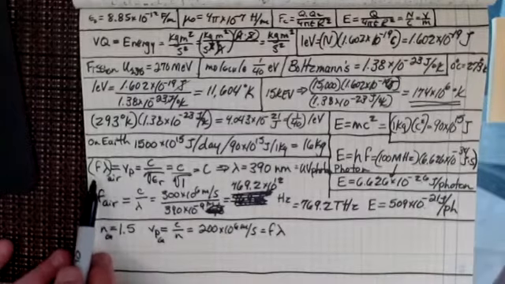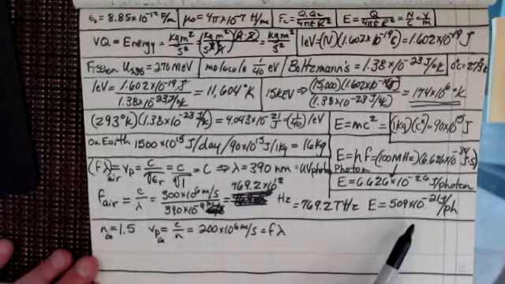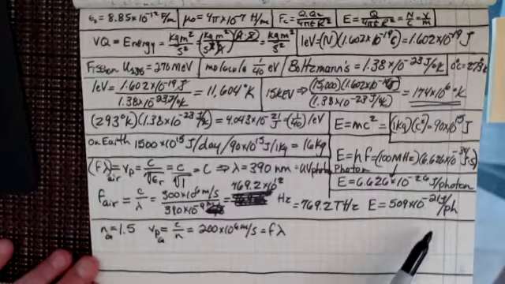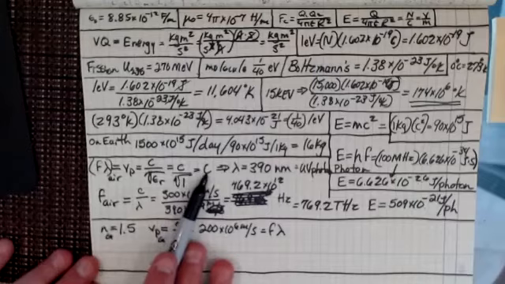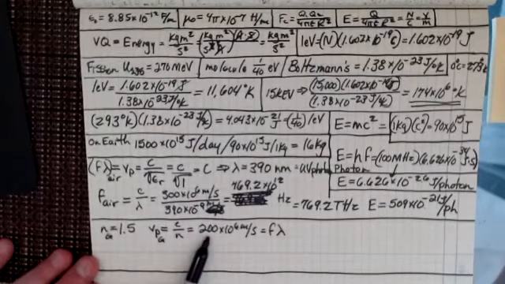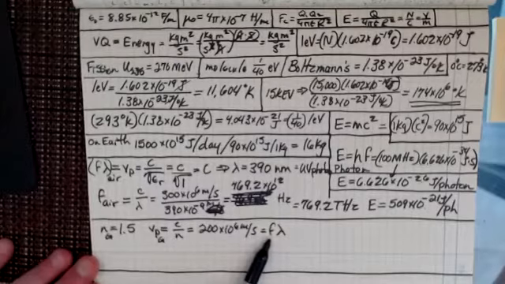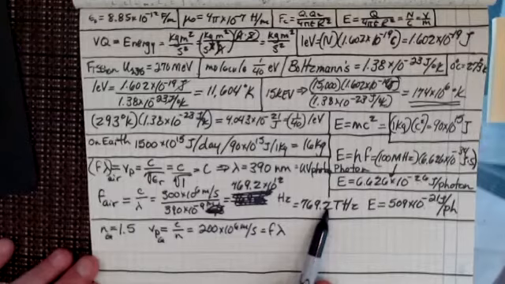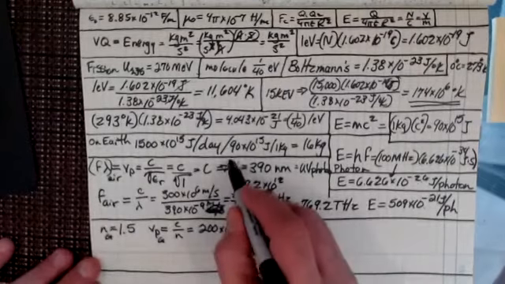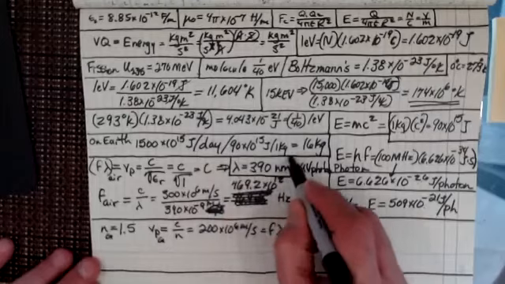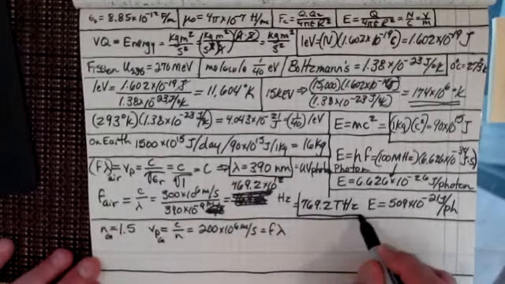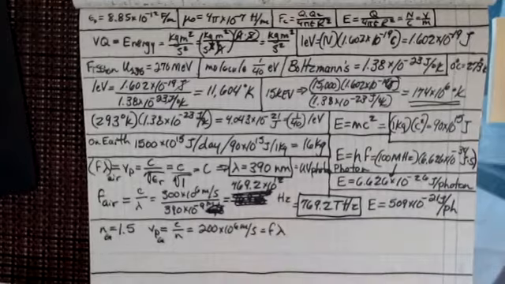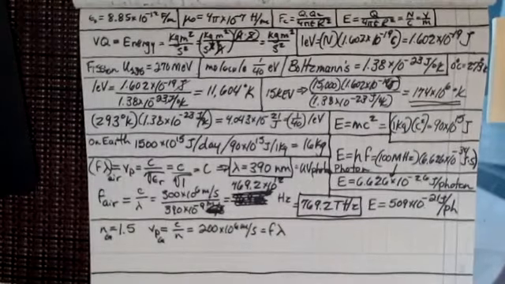Well, in air, frequency times wavelength equals the speed of light, and now the speed of light is going 2/3 the speed that it goes in air, and I've still got frequency times the wavelength. If I multiply this frequency times this wavelength, let me just cross those so that you can see them in your notes, I'll tell you right now, I'm going to get 300 million, not 200 million.